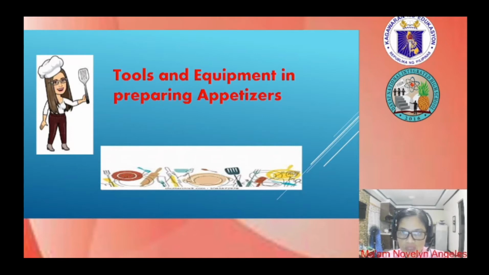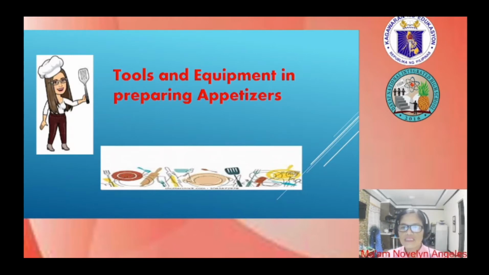You should be able to identify and prepare all the needed tools and equipment as well as the ingredients to make the preparation and cooking easy. Diba? Napaka-importante na maihanda muna natin ano ba yung mga tools or equipment na gagamitin natin sa pagluluto at the same time tulad nito yung equipment na gagamitin natin in preparing appetizers.